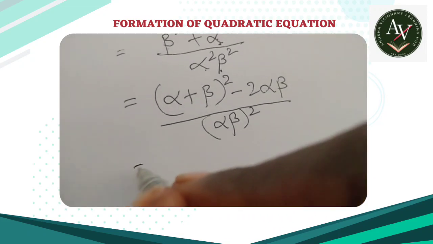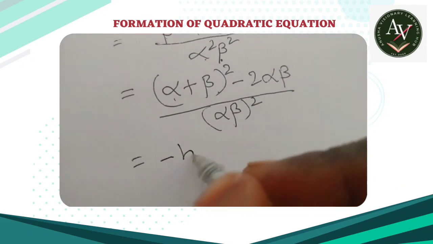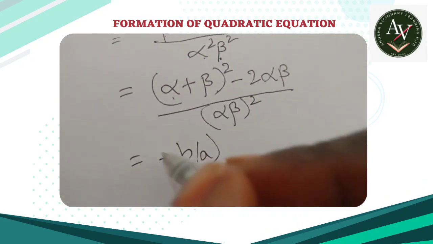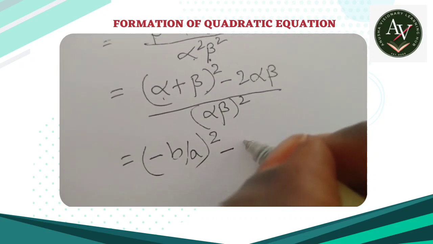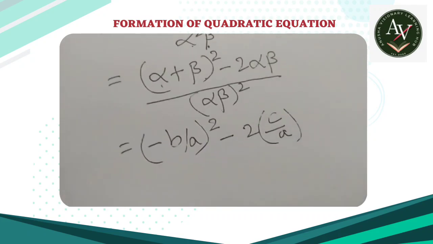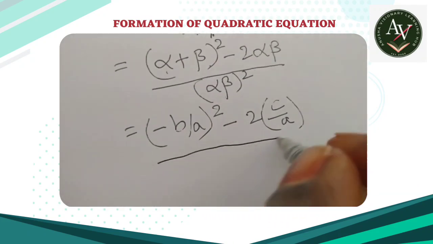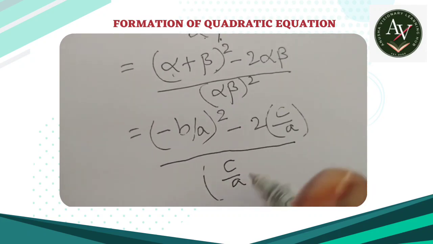Then alpha plus beta is equal to what? Minus b by a, whole square, minus 2 into alpha beta, which is c by a, whole divided by alpha beta, which is c by a squared.